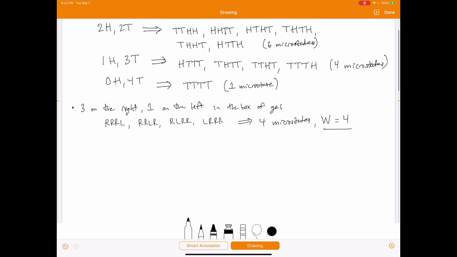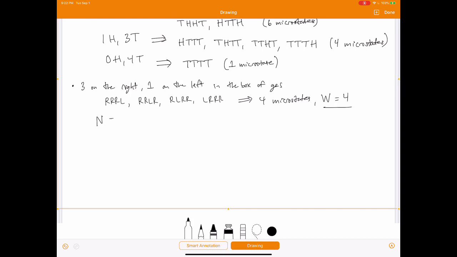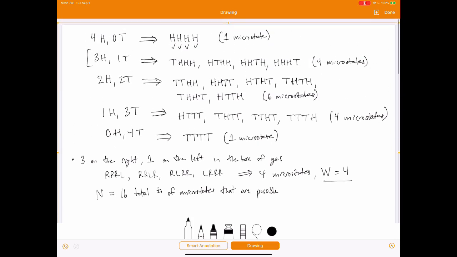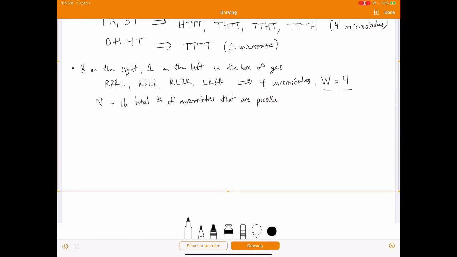And again, since this is perfectly analogous to the coin flips, N is 16. That's the total number of microstates that are possible for the system, just like when you flip a coin 4 times, there are 16 possible ways that can happen.